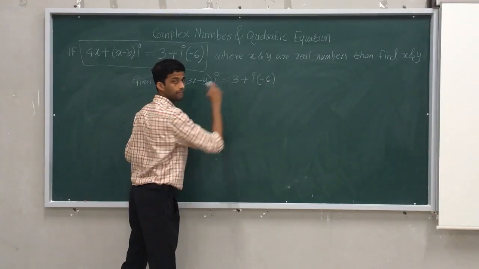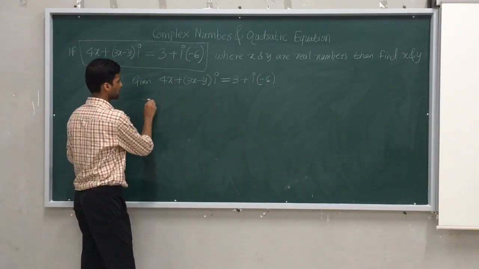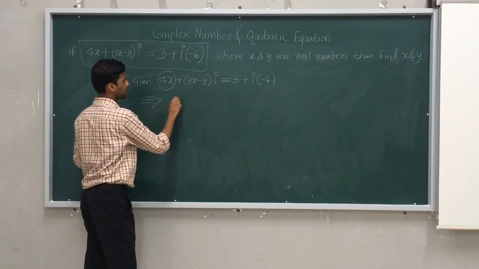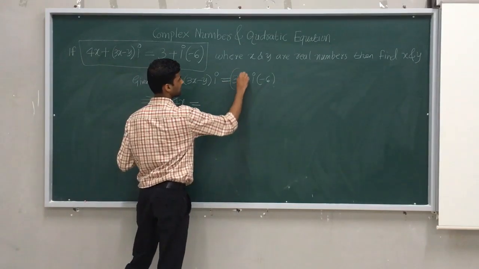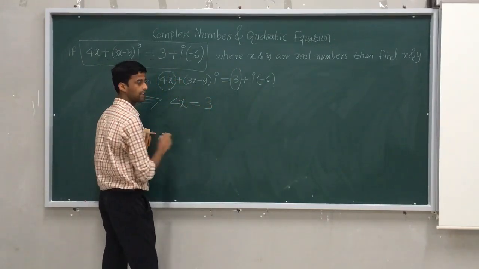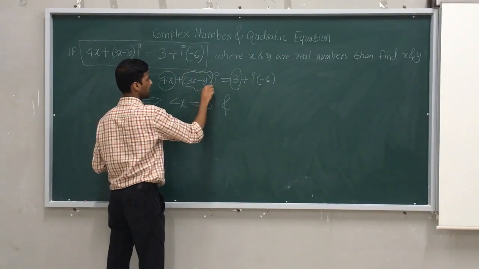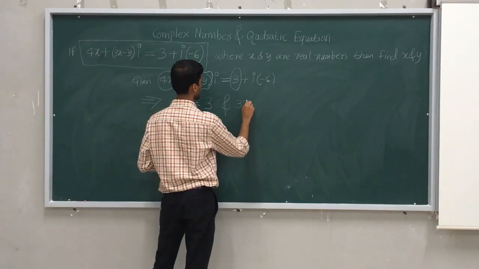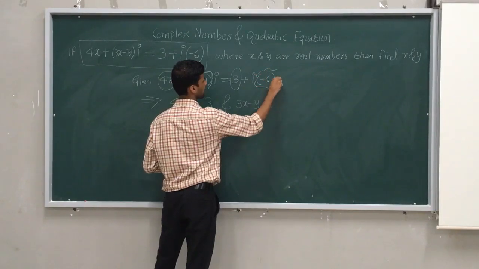Both are equal. Both are equal means, what I can say, which implies the real part of the first complex number, 4x, should equal the real part of the second complex number, 3, and, just take care, see here, the imaginary part of the first complex number, that is 3x minus 1, should equal the imaginary part of the second complex number, that is minus 6.